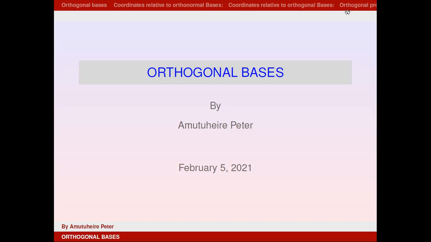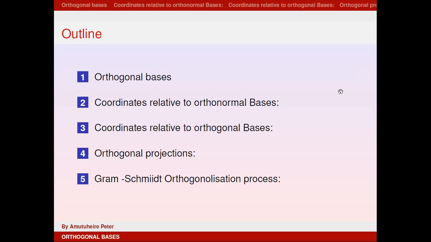First of all, we need to make it an orthogonal basis. And once we make it an orthogonal basis, there's a theorem that we are going to look at. That theorem tells us that every orthogonal basis can be normalized to give us what we call an orthonormal basis.